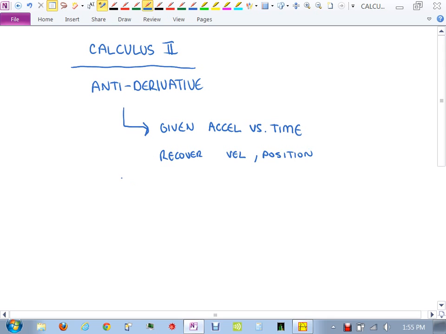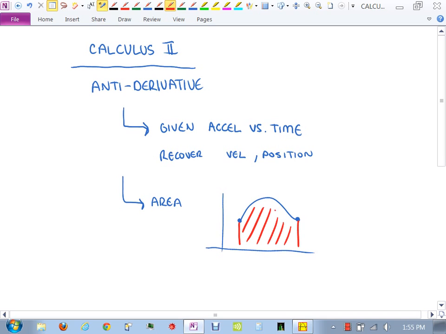And then also, from the antiderivative we get this concept of area. And this is one of the huge things in Cal 2. What we do is we look at a graph, bless you, and we cut the graph off at two points. And we ask ourselves, what's the area underneath this?